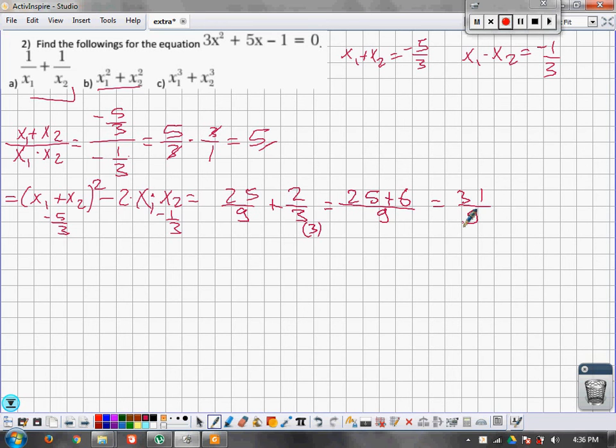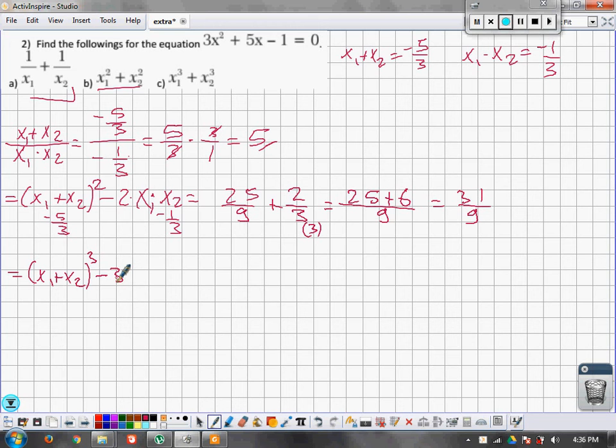So the third one, which is cubes, remember that it was equal to x1 plus x2 cubed. Then I think it was minus or plus. Was it minus or plus? I don't remember it well. Do you remember? Really, I don't remember. Minus 3. Okay, let's go, minus 3.